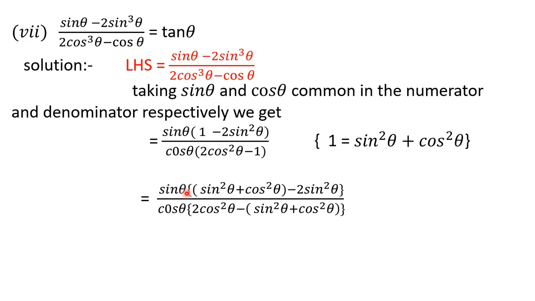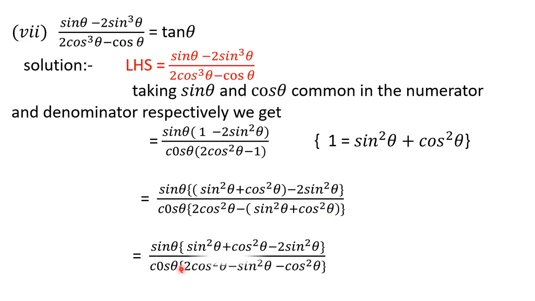So we get sine theta multiplied by sine square theta plus cos square theta minus 2 sine square theta. Similarly, in the denominator, cos theta into 2 cos square theta minus sin square theta plus cos square theta. Now open the brackets.